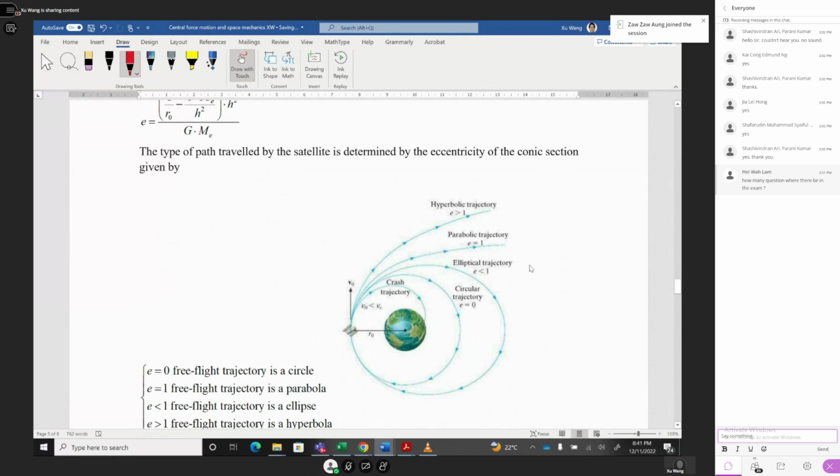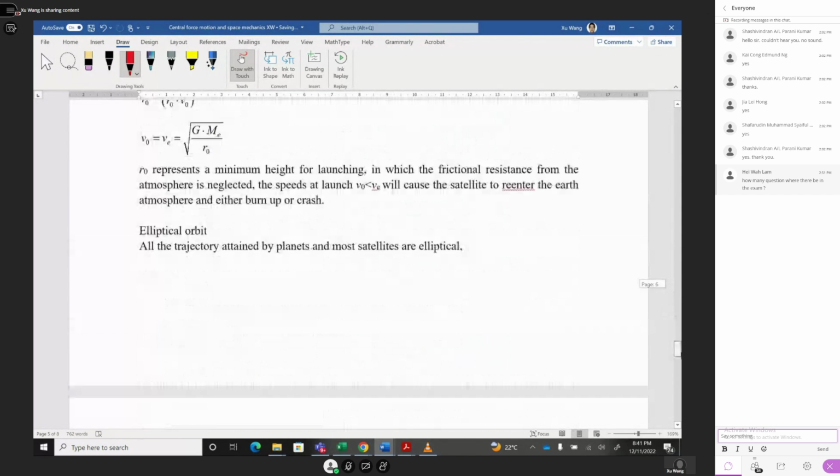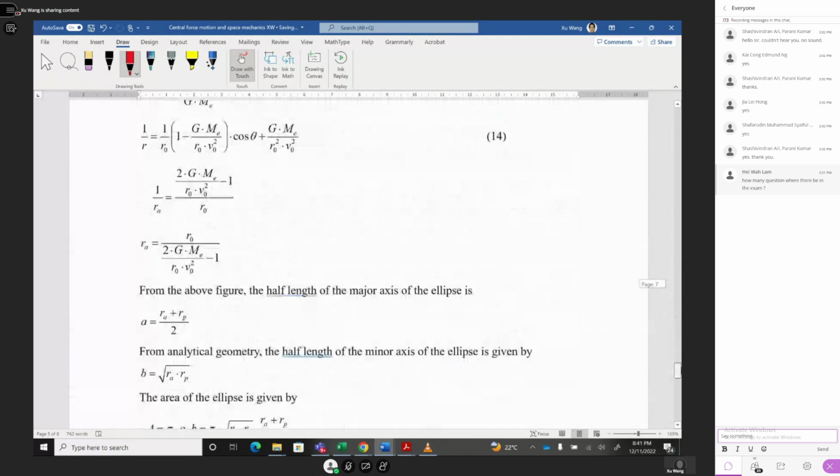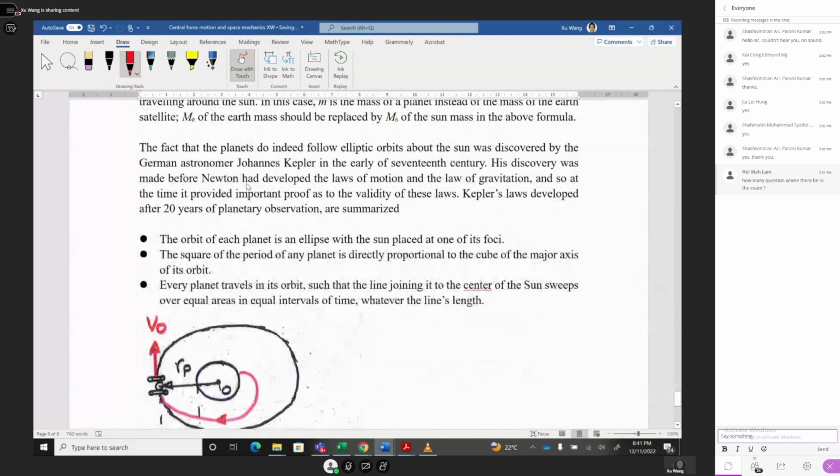That's why I wanted you to get how this E comes from. That's the purpose of teaching you about that, and also how this is derived by Newton's second law. Before Newton's law, Kepler already observed this from 20 years of planet observation. This conclusion proves Newton's second law. That's how we do that.